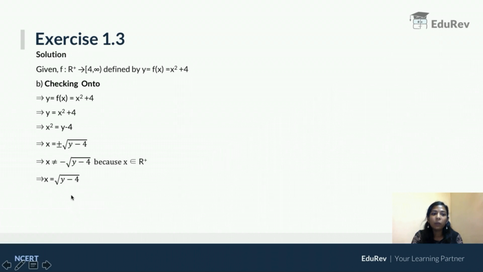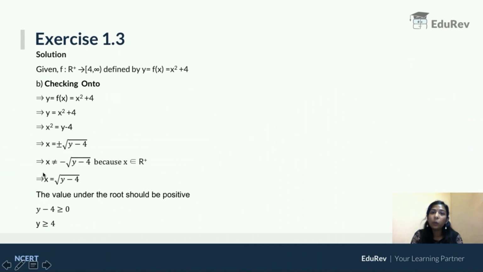So x is equal to root of y minus 4. But you know that all the values under the root should be positive. That means y minus 4 should be greater than or equal to 0. Y should be greater than or equal to 4. If you take any value of y which is less than 4, the function will not be defined. Say if I take y value as 3, root of minus 1, that is i, you are not even getting a real number.